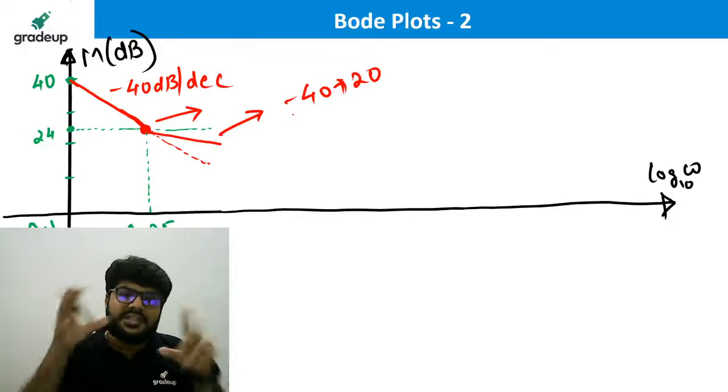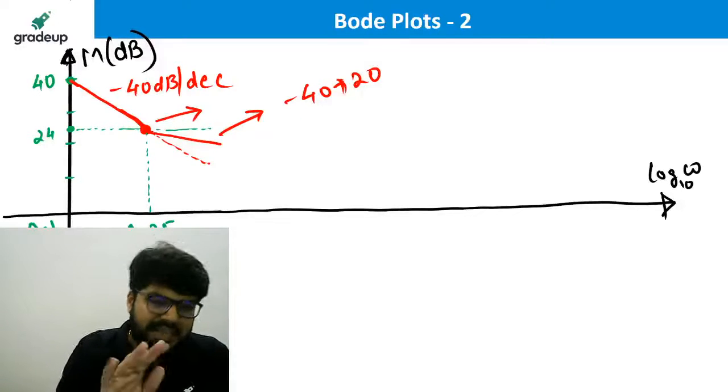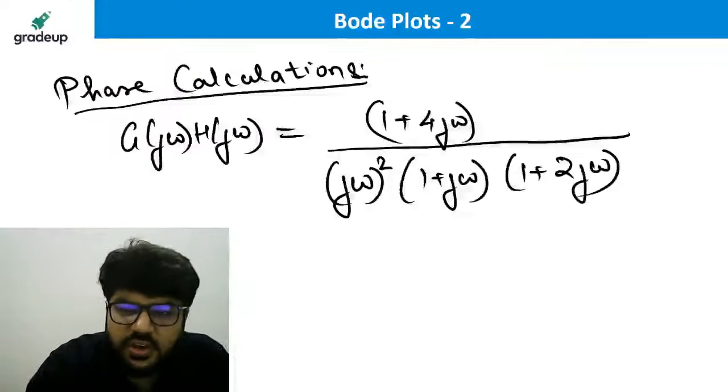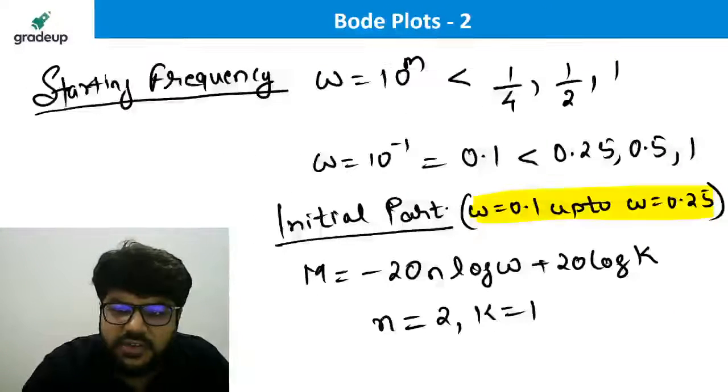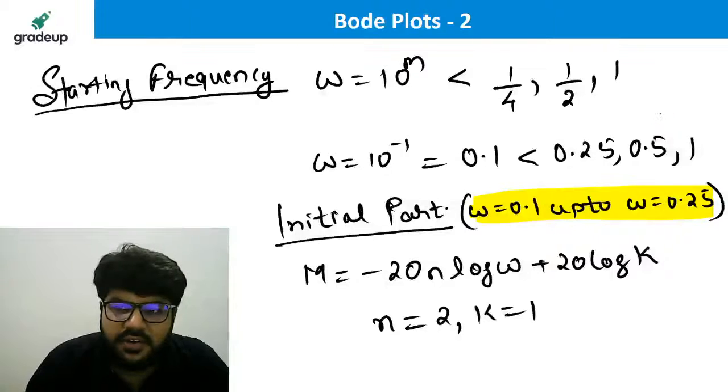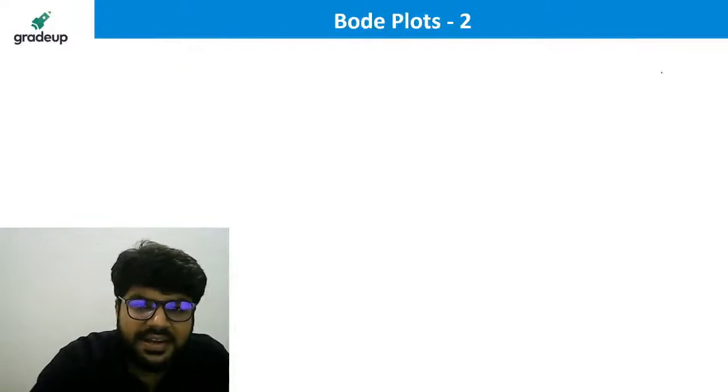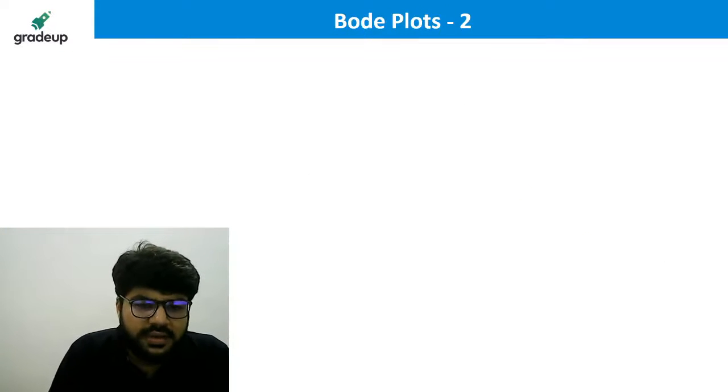So let us first see the magnitude at the next corner frequency and then join the points. What is the next corner frequency in sequence, guys? The next corner frequency is 0.5. So what is the magnitude at 0.5? How do you calculate the magnitude?